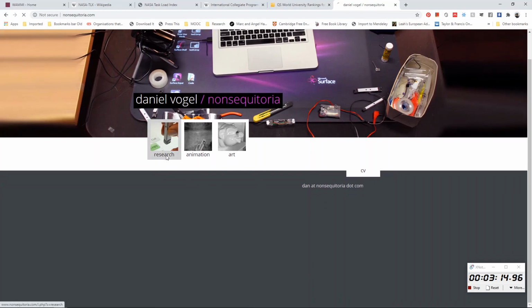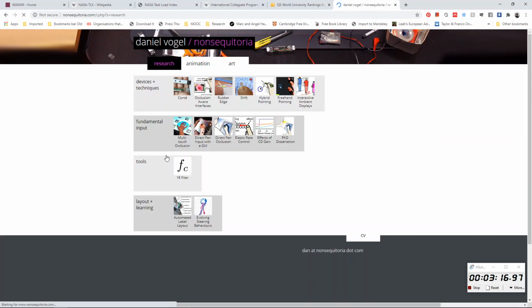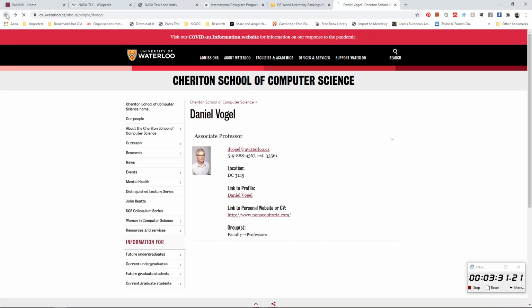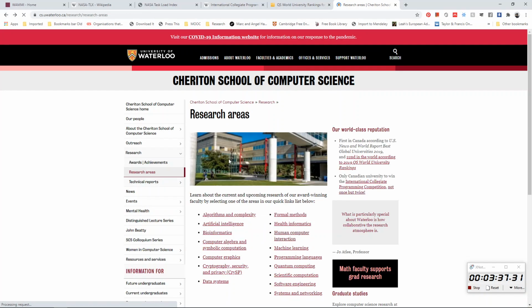So I got the research, multi-touch. Okay, so this is not the thing. Look for other people in HCI. See, it's there.